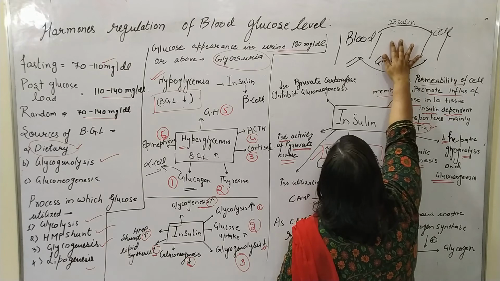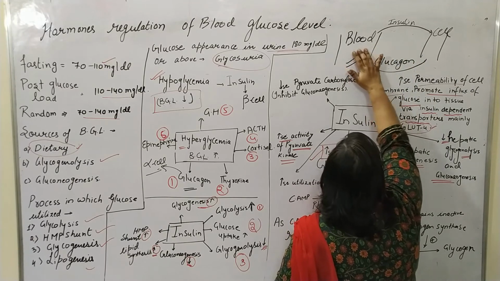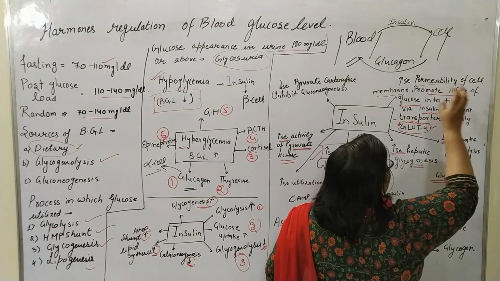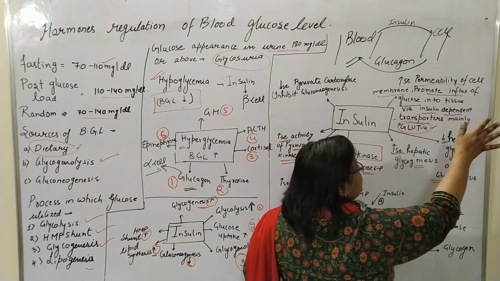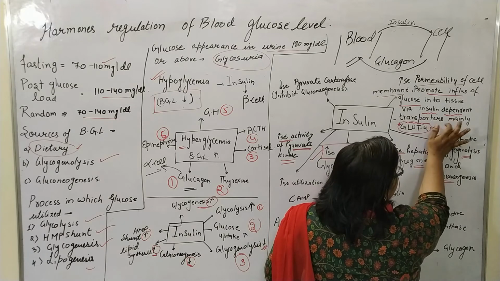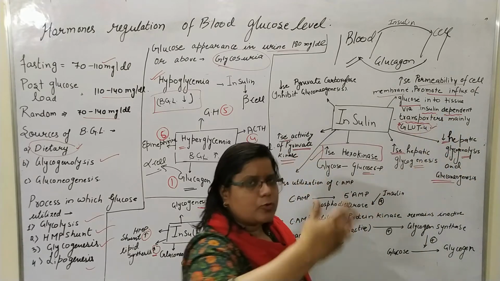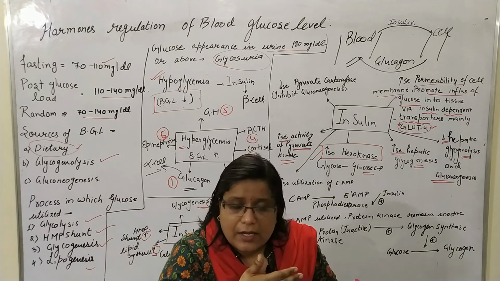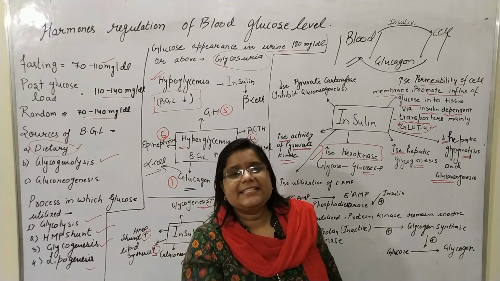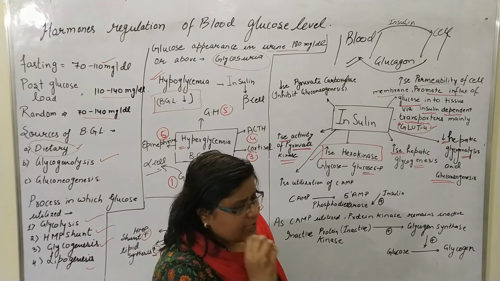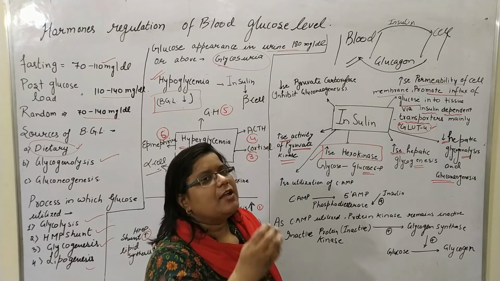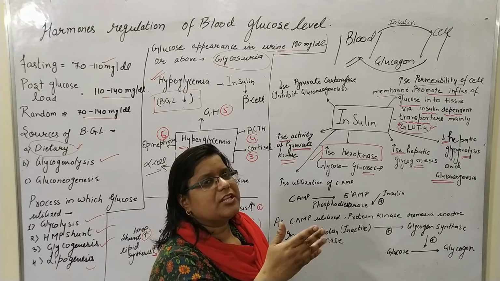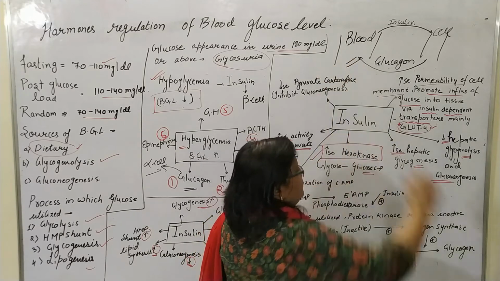So insulin takes the glucose from the blood, and with the help of insulin receptors and these insulin-dependent transporters, mainly GLUT4, insulin will easily increase the permeability of the cell for glucose. By this it decreases the glucose level in the blood.